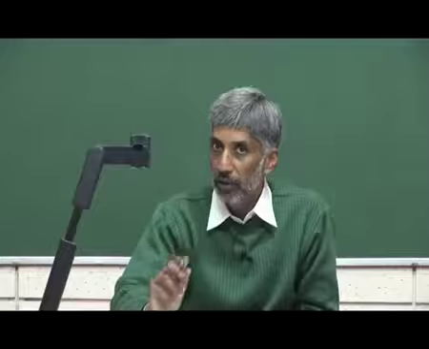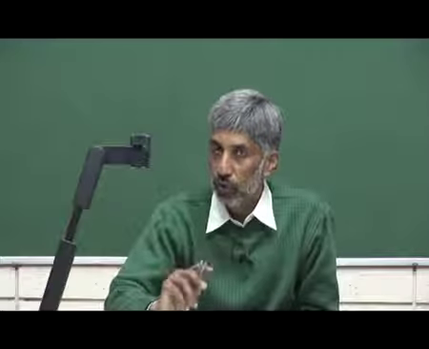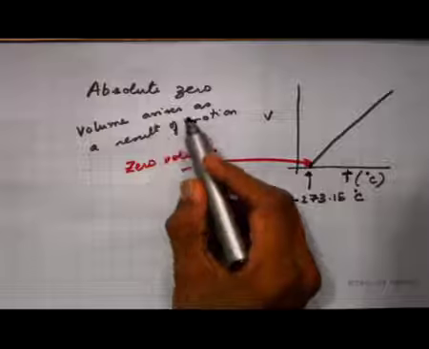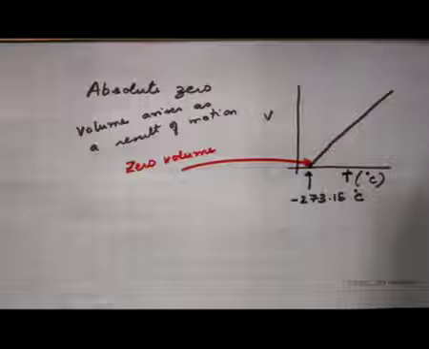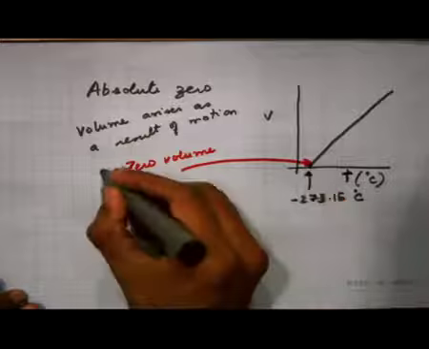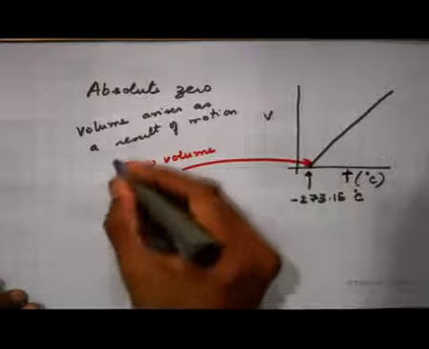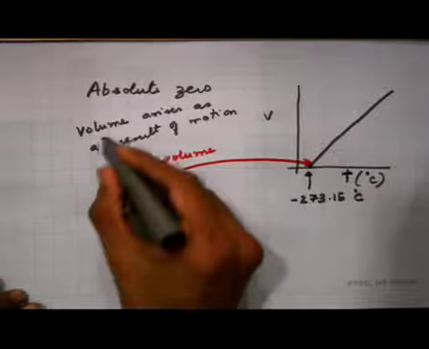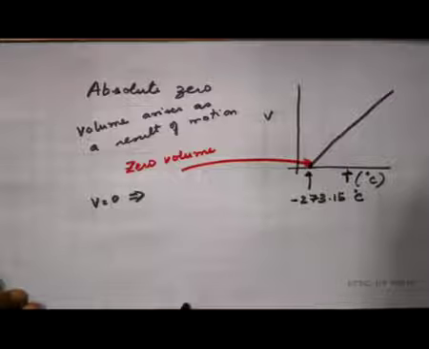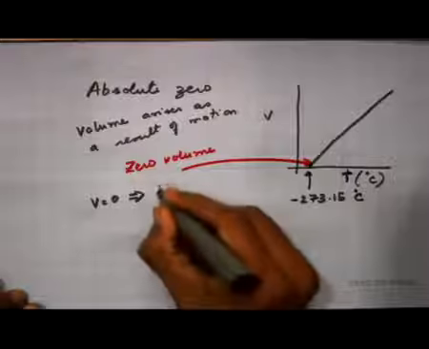Volume has to be greater than or equal to 0, and we are saying that the volume arises completely from motion. So, what this means effectively is that at this temperature, where volume is equal to 0, there is no motion.